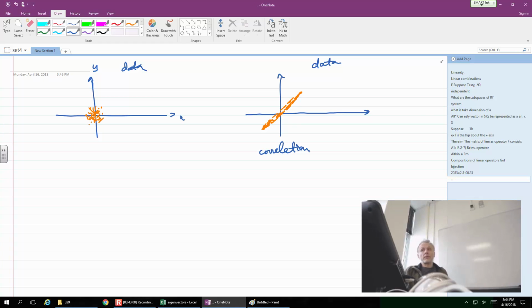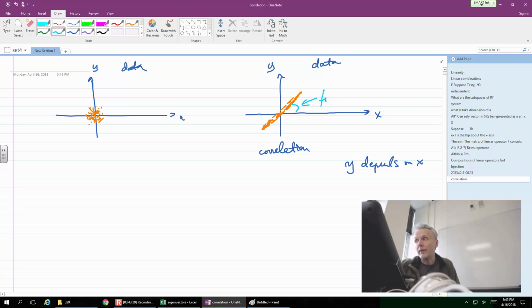If you think about it, it is a linear algebra problem, because correlation means that x depends on y, or y depends on x. Which one depends on which, you don't know, it's data. But there is a dependence between them, and you want to discover that dependence. How? Well, you need to find this angle, this angle or slope, and if you find the slope m, you'll say y is equal to mx.